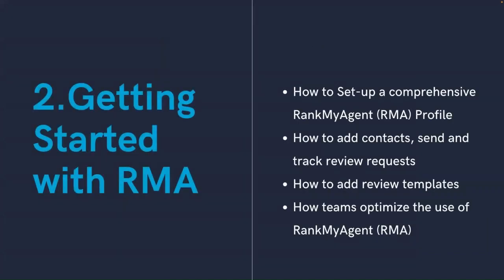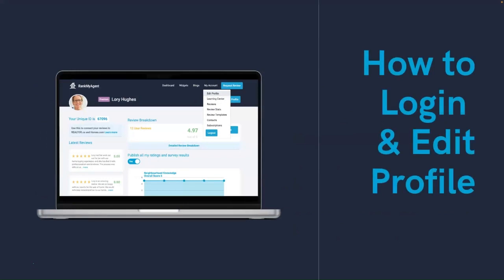So let's now take a deep dive and get into getting started with RankMyAgent, how to set up that comprehensive profile, adding contacts. One of the first things you want to do is log into RankMyAgent. If you have any issues with the account or gaining access, send us a quick email at support@rankmyagent.com, and we can help you gain access to the account.